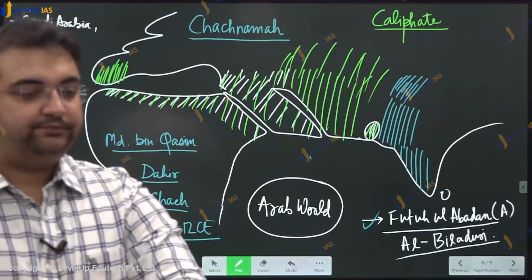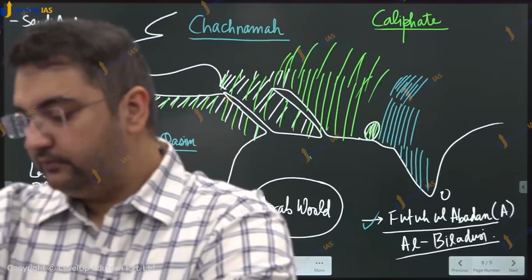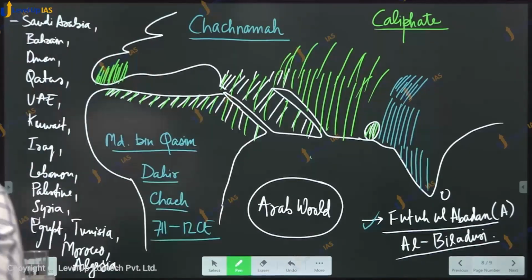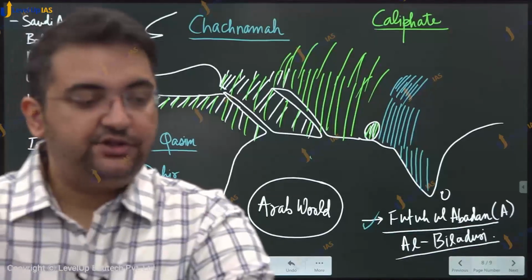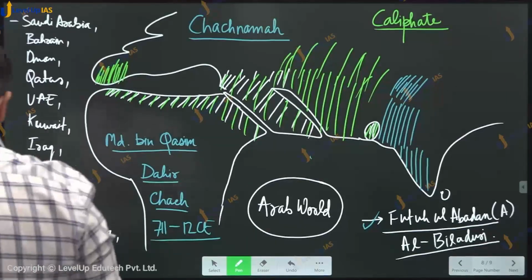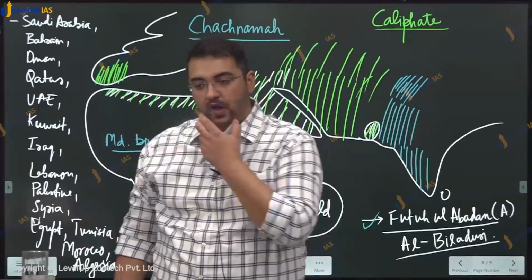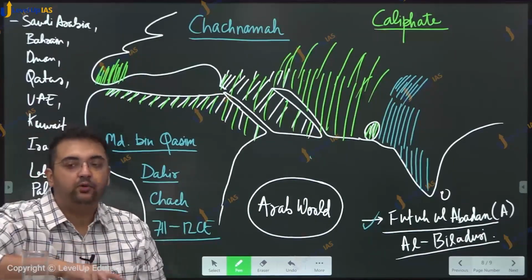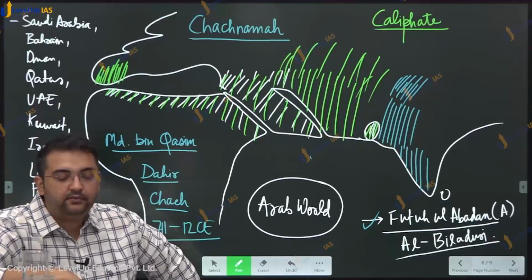Full stop. Subpoint. Therefore, comma, he charged Muhammad bin Qasim to invade and conquer Sindh. Next point.